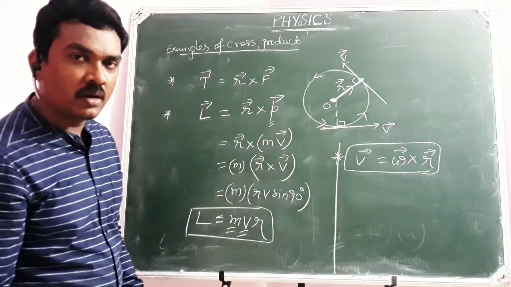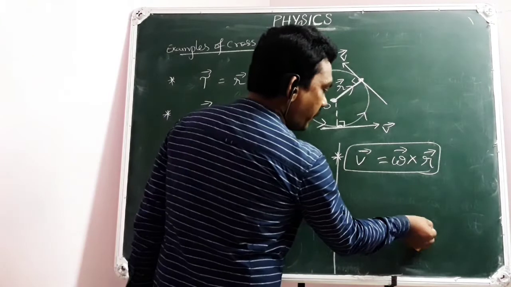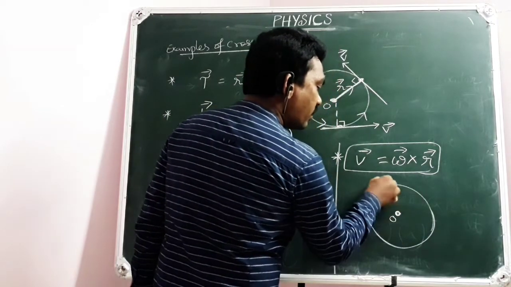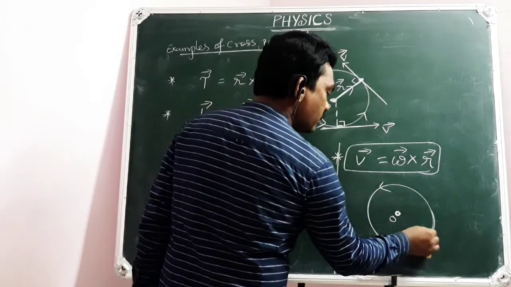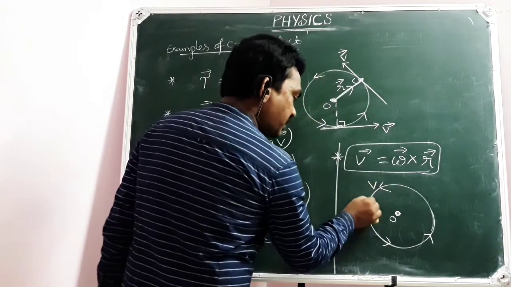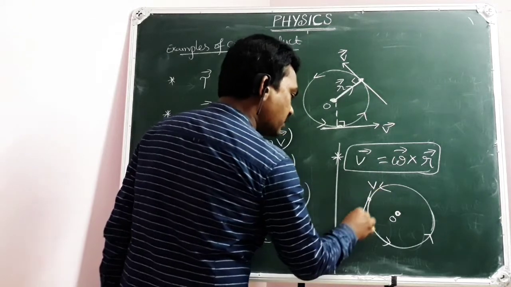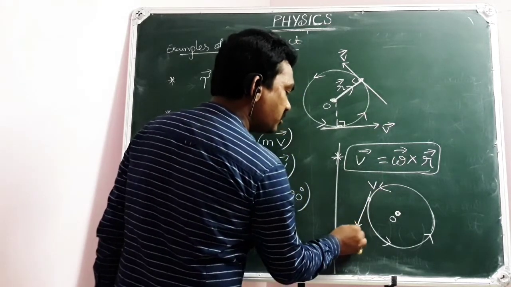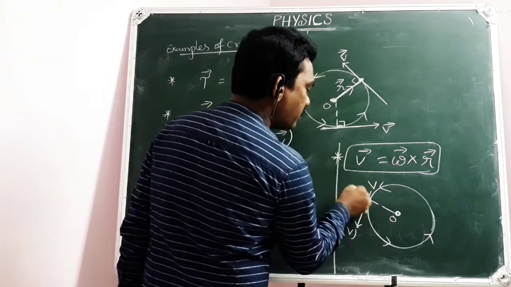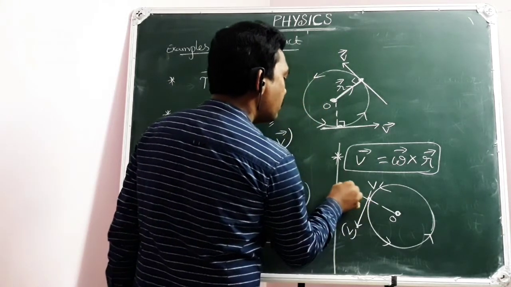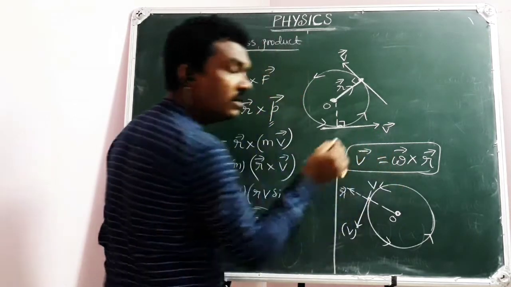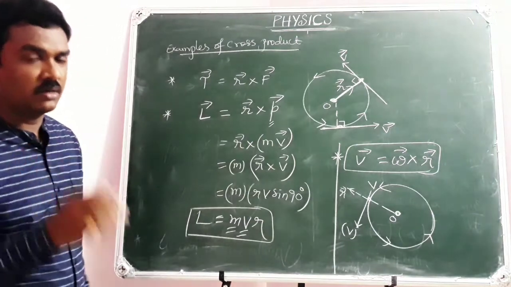What is omega bar? You know, when a particle is moving along a curved track around a fixed point with a certain speed V, at any point the direction of velocity is the tangential direction and perpendicular to the radial line, which is the R bar. But here there is omega bar, which is the angular velocity vector.